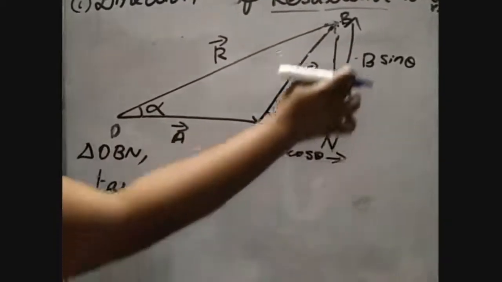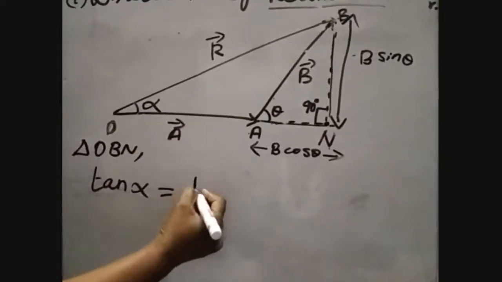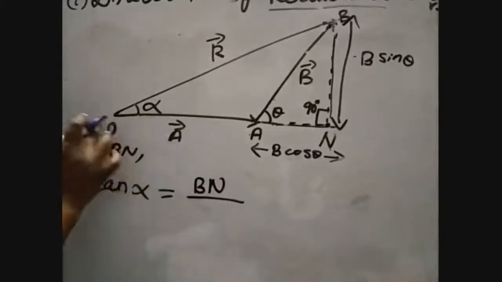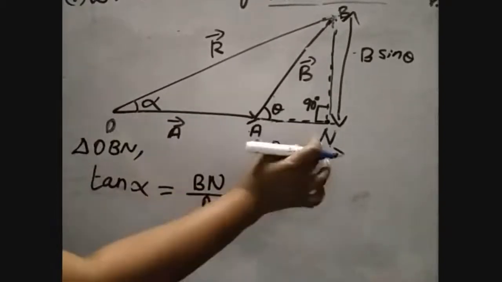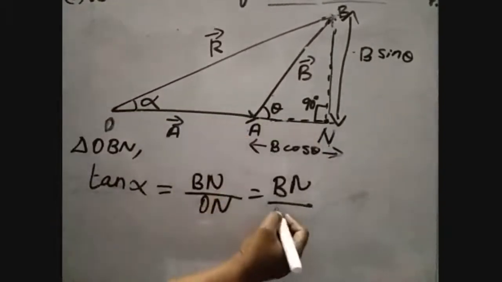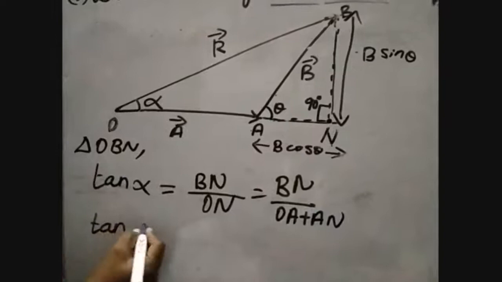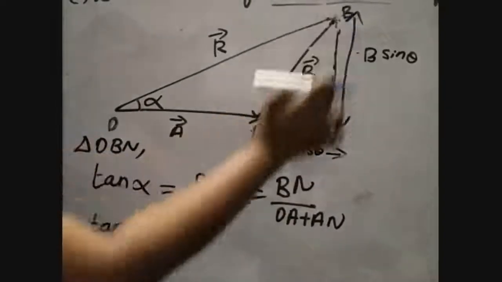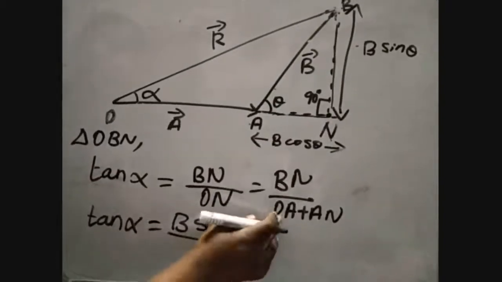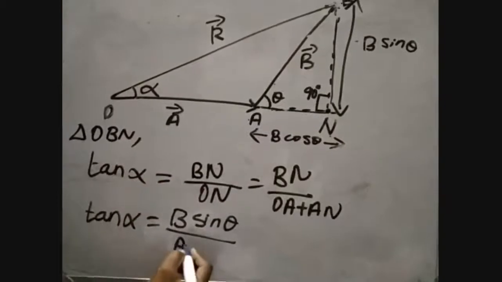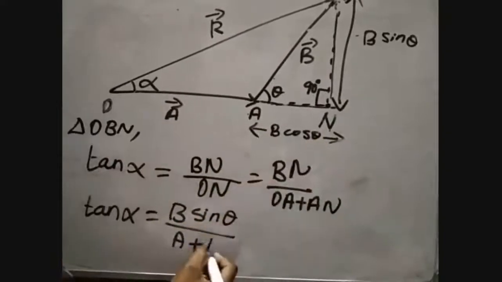The value of opposite side is BN by adjacent side ON. This we can write as BN by ON. We can split it as OA plus AN. Now tan alpha equals, the value of BN is B sin theta, by the value of OA which is A plus the value of AN which is B cos theta.